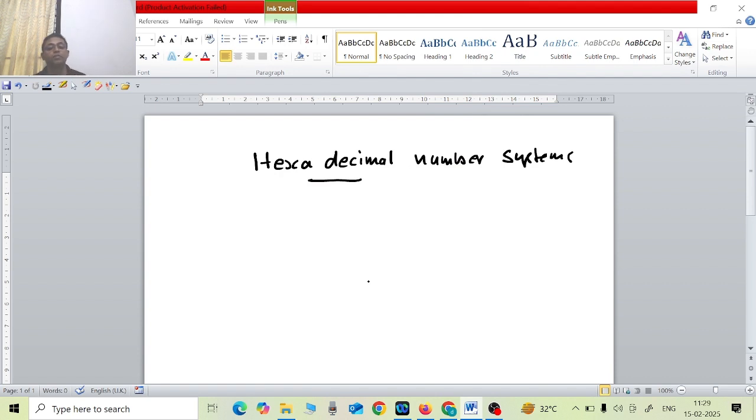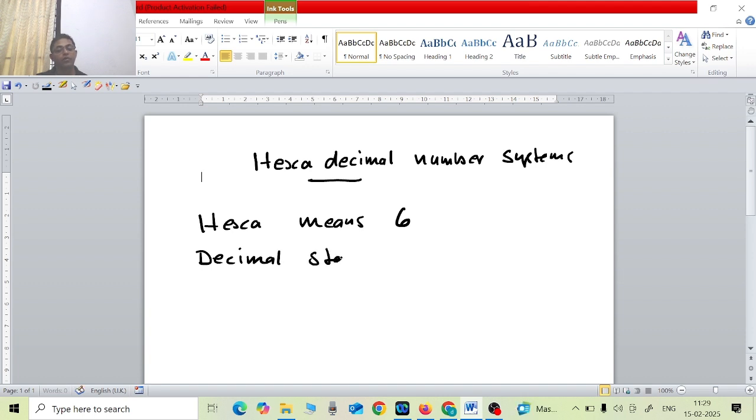Now we will discuss hexadecimal number systems. The word hexa means 6 and decimal stands for 10. So altogether it means 16.